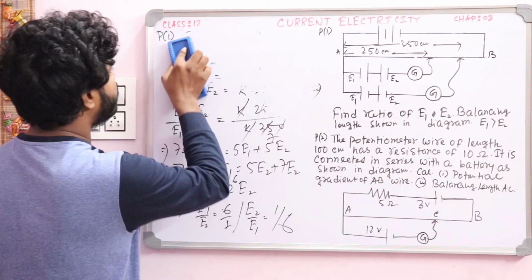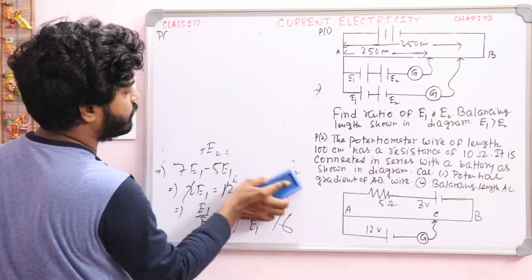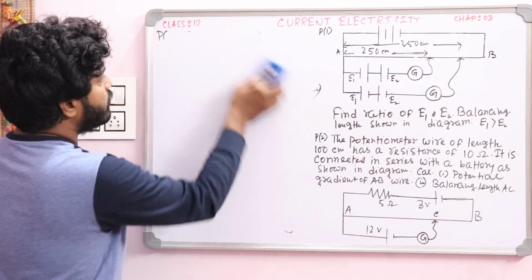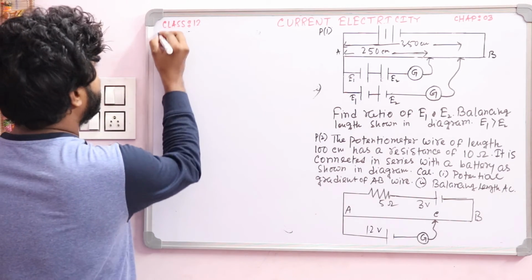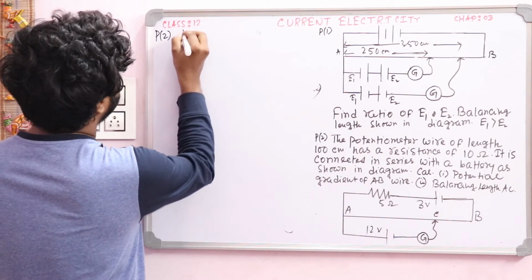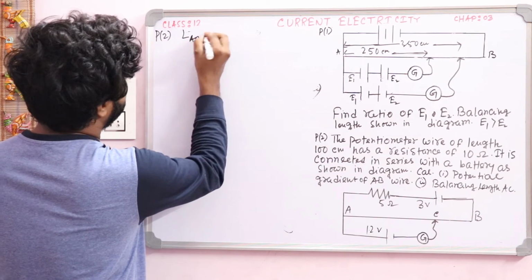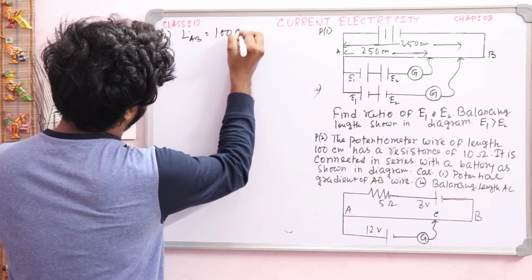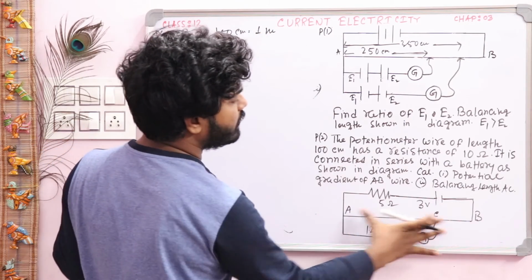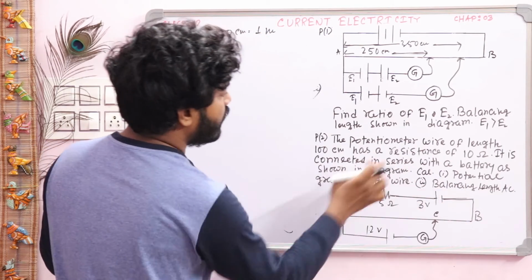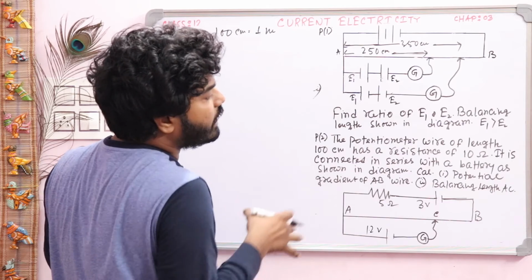At first write down the given value. So here the given value is the length of AB, that is 100 centimeter, so we can write that is 1 meter. Here the potentiometer wire length AB is given as 1 meter, and the resistance is 10 ohm.